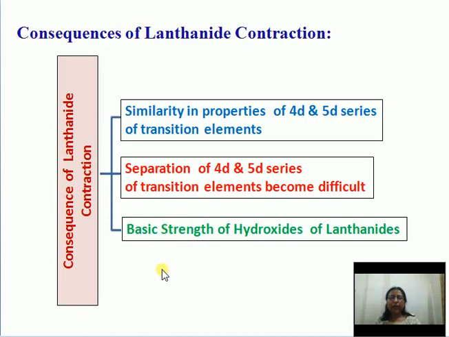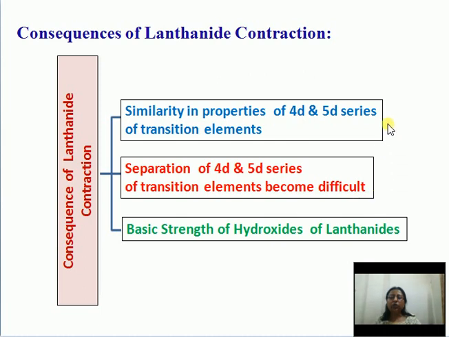Now, some very important things. These are the consequences of lanthanoid contraction. I am going to discuss here 3 consequences of lanthanoid contraction. We can explain the similarity in properties of 4d and 5d series of transition elements, and we can also explain why the separation of 4d and 5d series of transition elements becomes difficult.